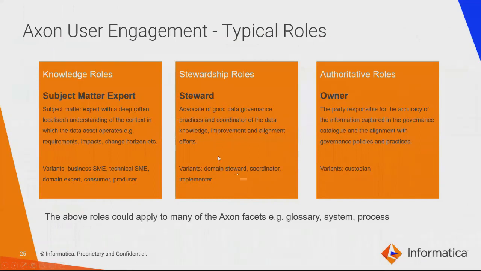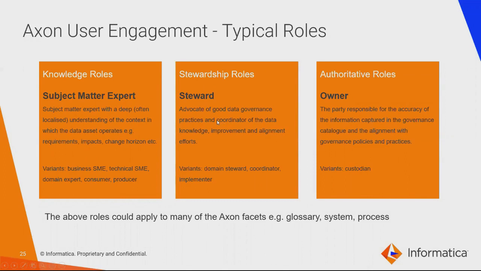Here are the typical roles for Axon user engagement: the knowledge, stewardship, and authoritative roles. The subject matter expert in the knowledge-based role has deep understanding of the context in which the data asset operates.